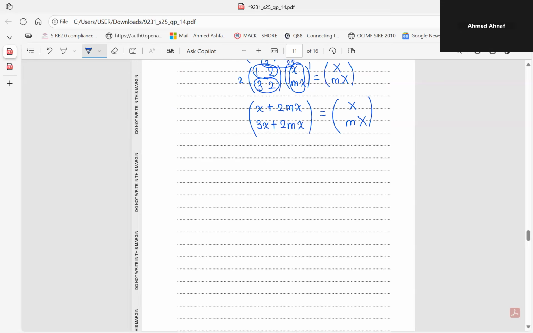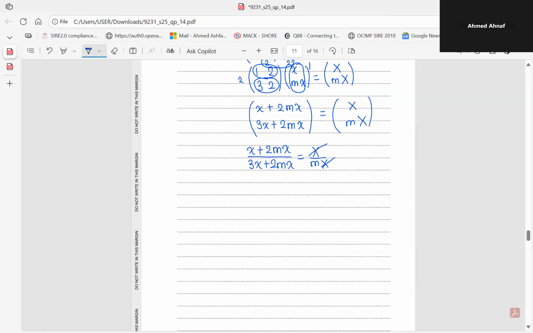Now we just convert this into a fraction by equating the components. So x plus 2mx divided by 3x plus 2mx equals x over mx. We can cancel out the big x's as well as the small x's on the left hand side.